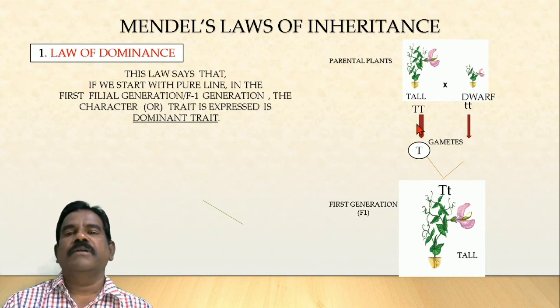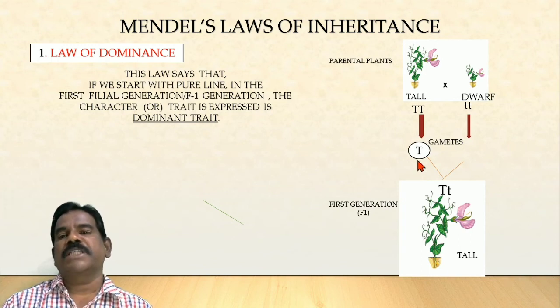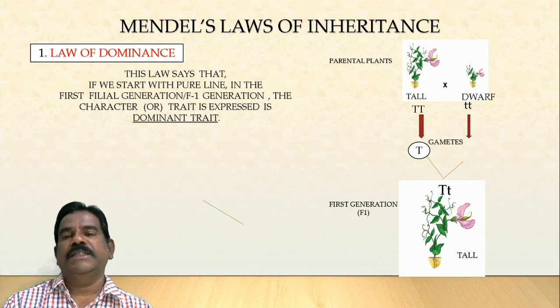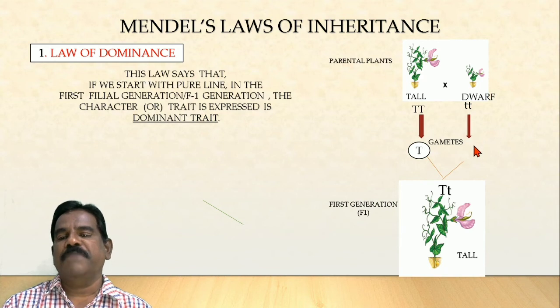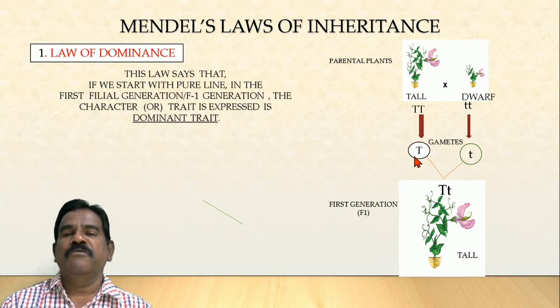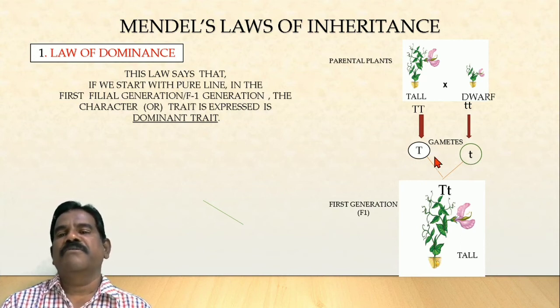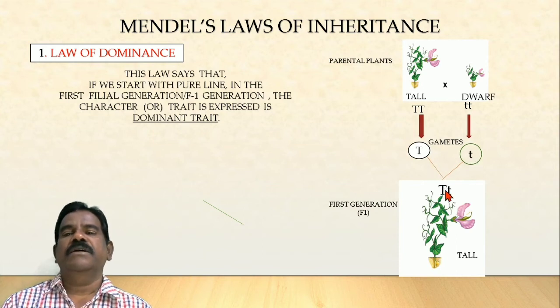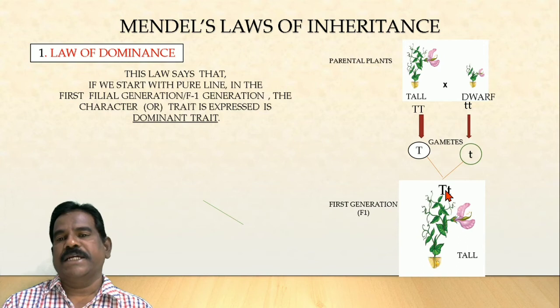For example, a tall plant with capital T, capital T produces two gametes, and both gametes bring the capital T gene. Like that, when the dwarf plant produces gametes, they bring the dwarfness character. So when the male gamete fuses with the female gamete, the resultant offspring is heterozygous tall.